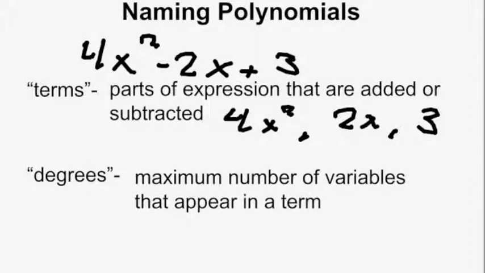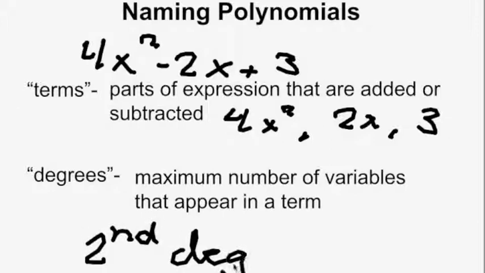Degree, however, is the maximum number of variables that appear in a term. So if you look at our example polynomial, you could see that it would be to the second degree, because in 4x squared, the 2 is the highest exponent that appears in any single term.